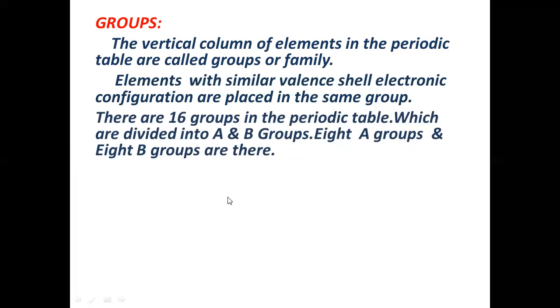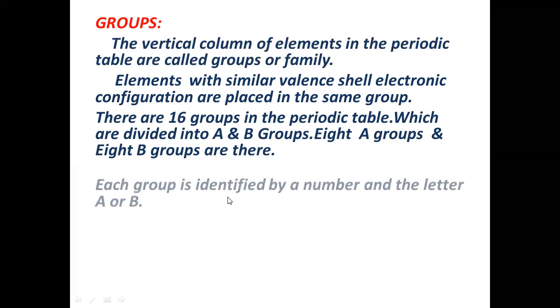How many groups are there in total in the periodic table? There are total 16 groups in the periodic table, which are further divided into A and B groups. Out of 16, 8 groups are called group A elements and 8 groups are called B group elements.